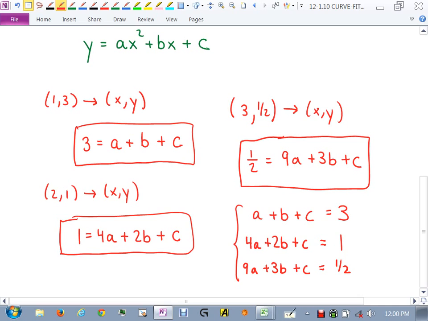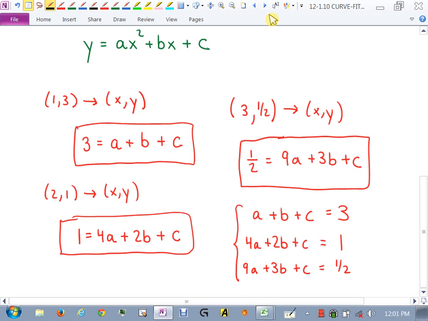Now, for those of us who have the calculator, let's use RREF. Because I don't want to go through this whole thing by hand trying to wipe out the things. You're going to do RREF, bracket, bracket. What are the coefficients? You have to find the coefficients of these variables.